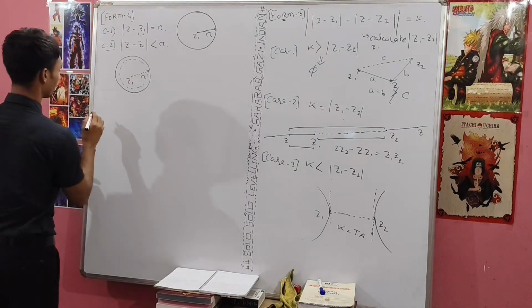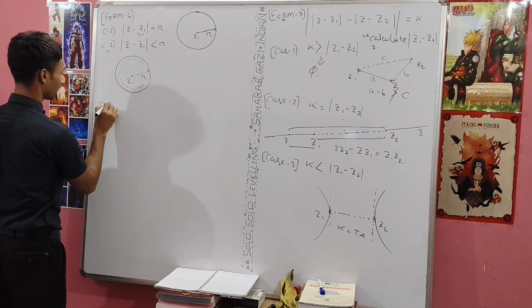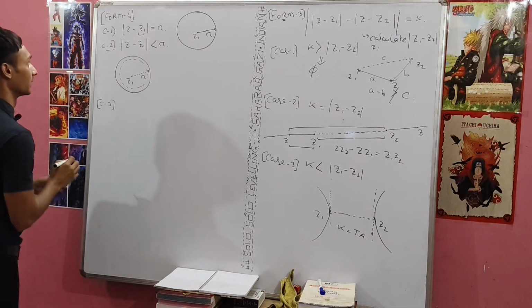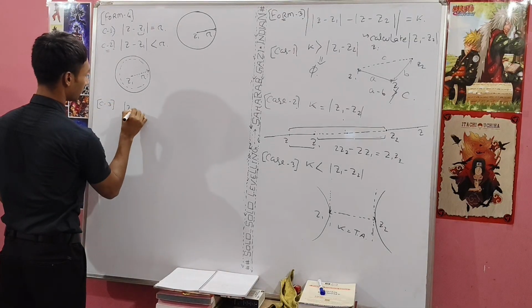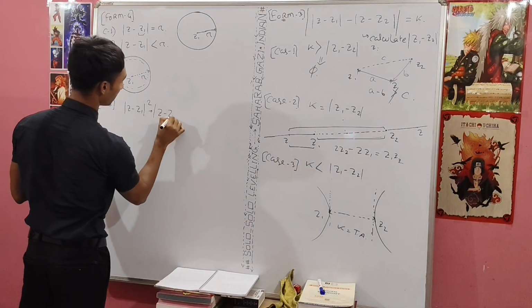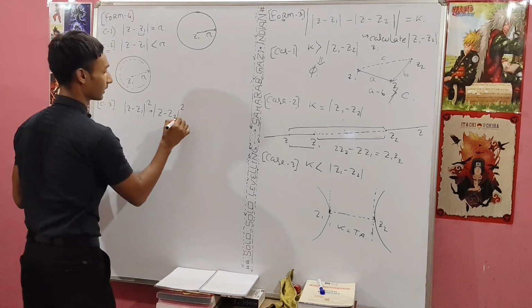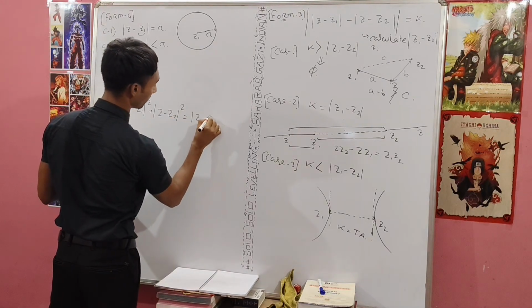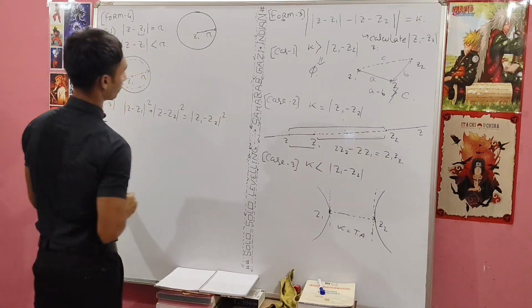Now our third case, case number 3: mod of z minus z1 square plus mod of z minus z2 square is equal to mod of z1 minus z2 square.